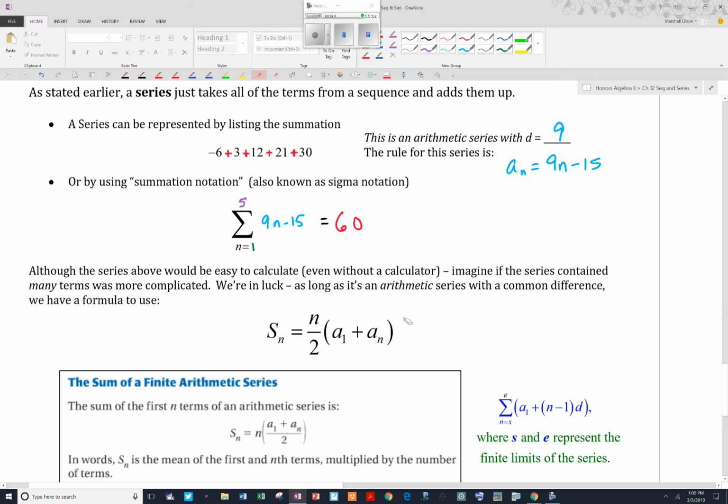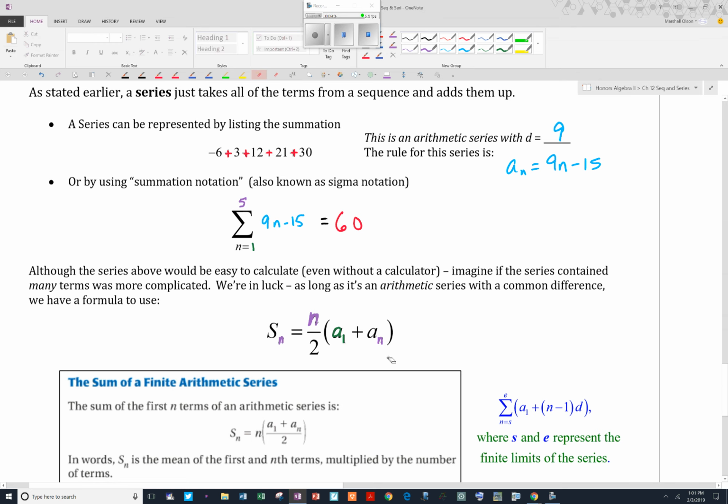All you need to know is how many things are being added together. That's n. You need to know the first term, that would be a sub 1. And then you need the last term, a sub n. So if we're finding the sum of 5 things, that would be a sub 5, or the 5th term.